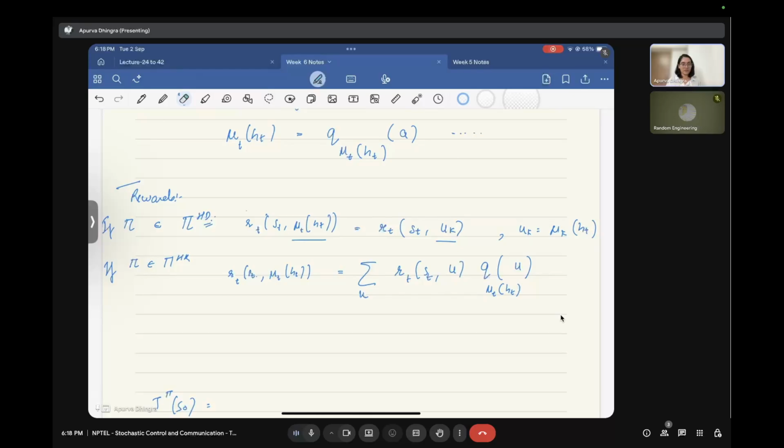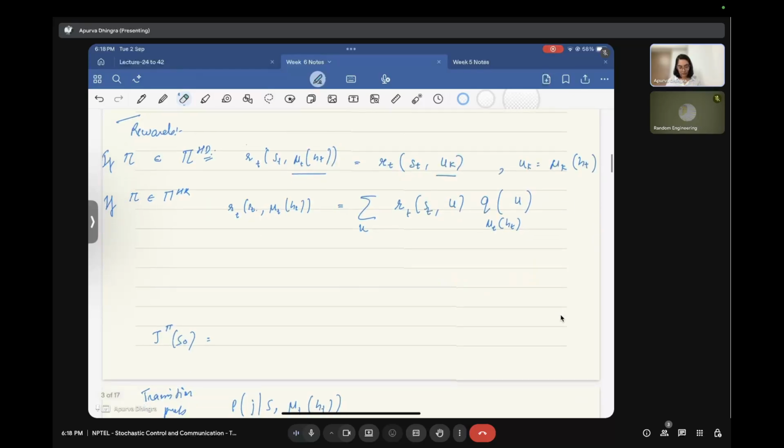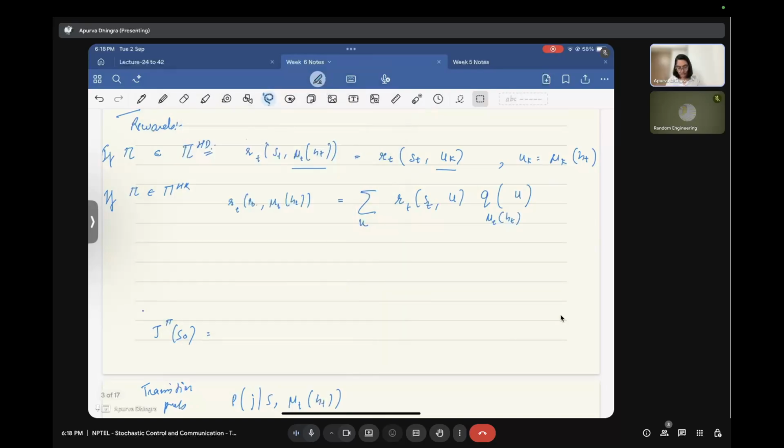In those two cases, certain things are supposed to be written more carefully. Okay, so in that case, the next term is this J pi of some s0. I'm still talking about history dependent randomized policies.